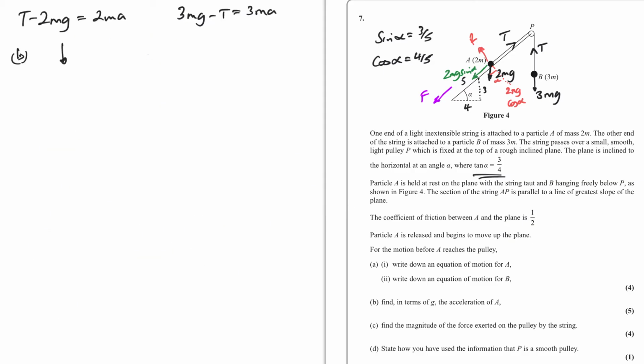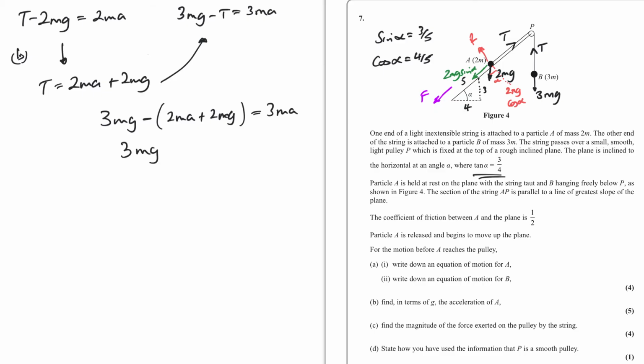Okay, so let's go from this one, T equals 2ma plus 2mg, and substitute it straight into this one. So you can see 3mg minus (2ma plus 2mg) was 3ma. So we get 3mg minus 2ma minus 2mg equals 3ma.